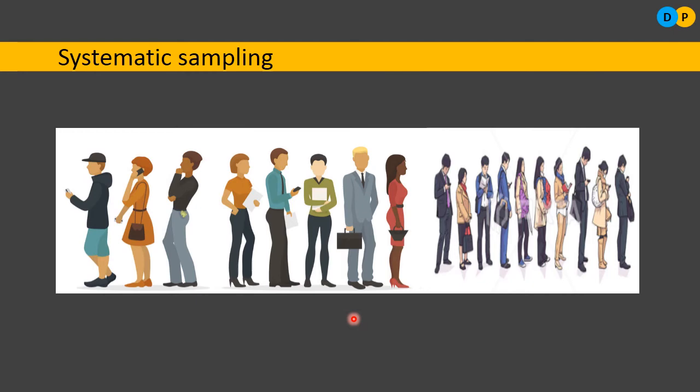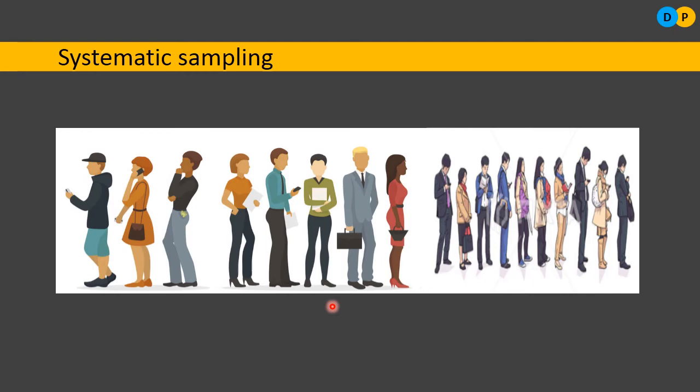Before doing so, all these 100 individuals will be assigned a number, starting from, let us say, 1, 2, 3, 4 up till 100. Later on, they will be divided into groups of equal size. Each group will have 10 individuals, 10 members.